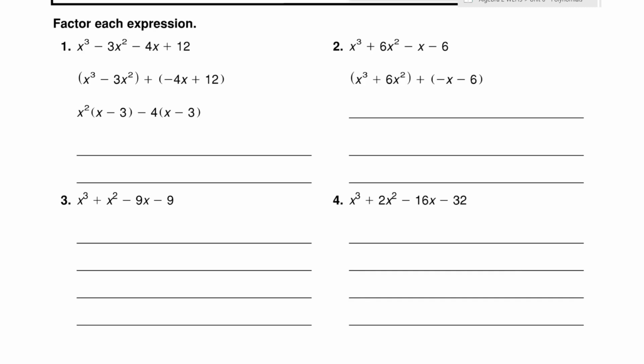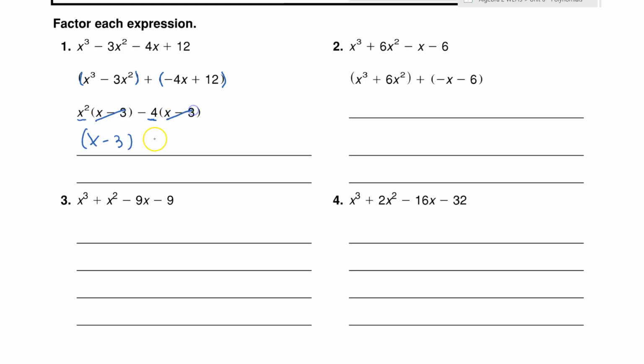So for number 1, we have x to the third power minus 3x squared minus 4x plus 12. And you're going to factor by grouping. That's why you have parentheses around the first 2 and parentheses around the second 2. The common factor is x squared, and the common factor here is -4. And so what you're going to have is you're going to factor x minus 3.